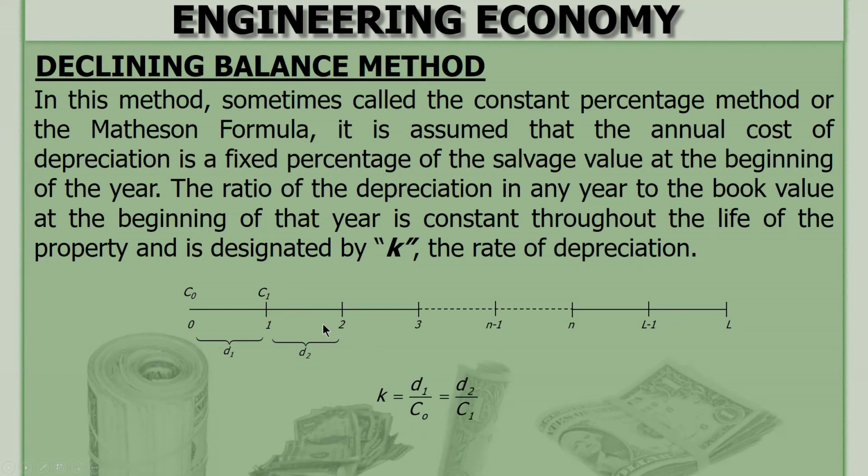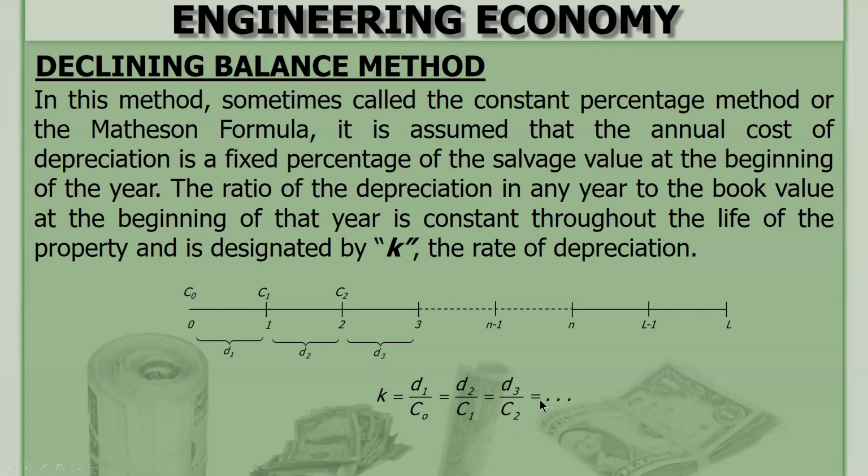Throughout the life of the property, the rate of depreciation is constant. So for year 3, the book value at the beginning of the year is C2, and the depreciation for year 3 is D3. So K is also equal to D3 over C2.